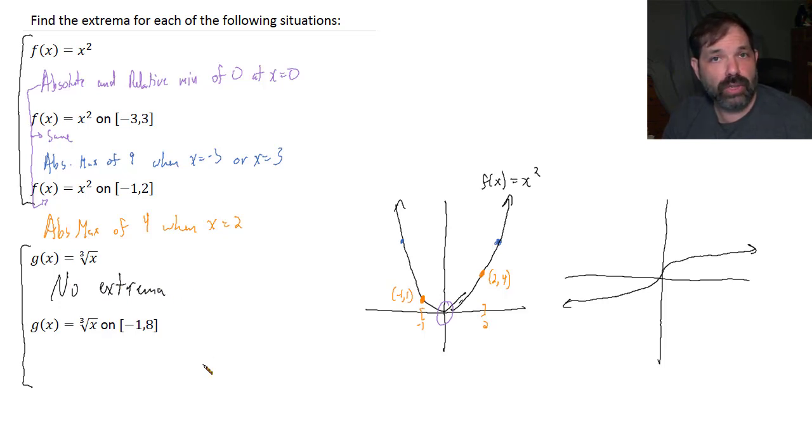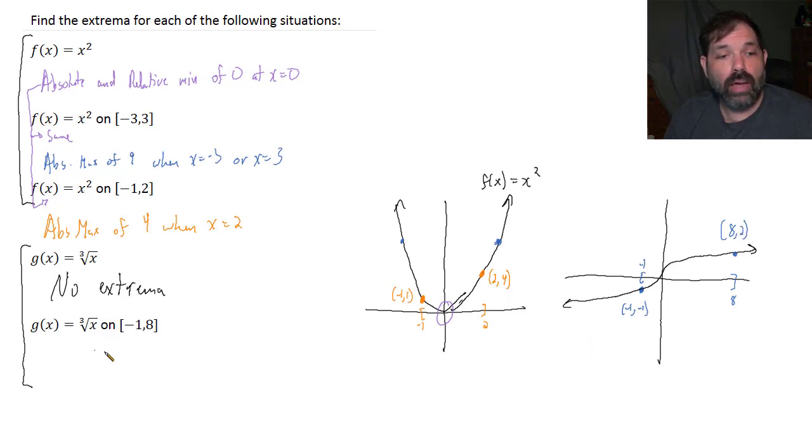However, again, if we change things up and say, what if we look at the function on -1 to 8? If we restrict our domain from -1 to 8, then we would have the points on the curve -1, -1, and the point 8, 2.